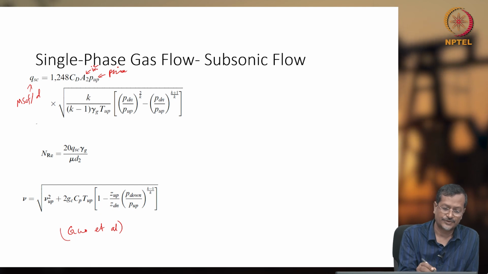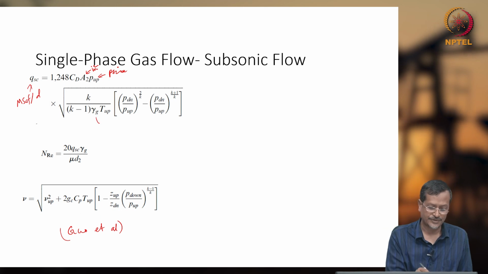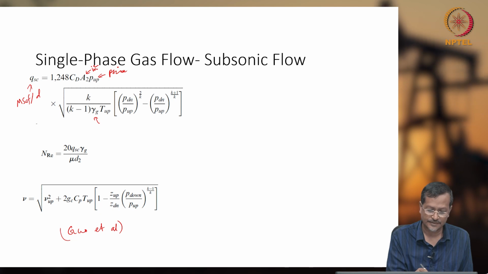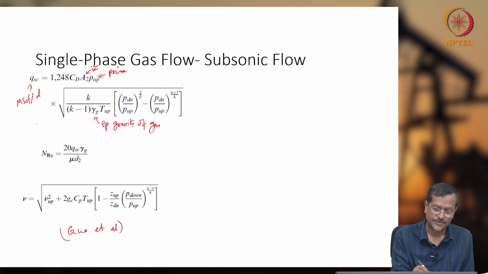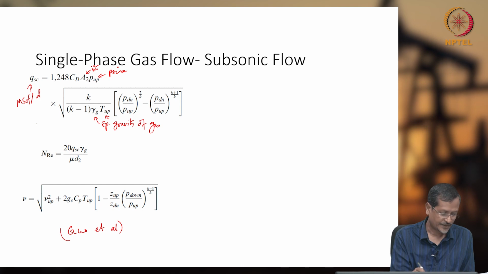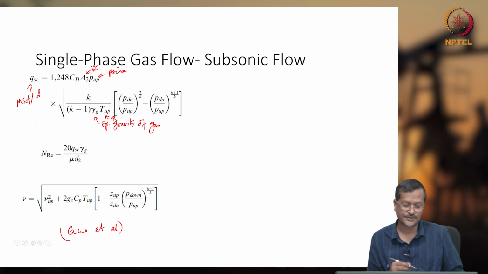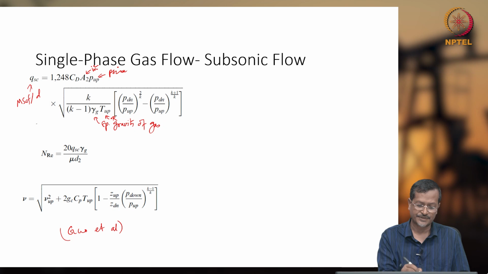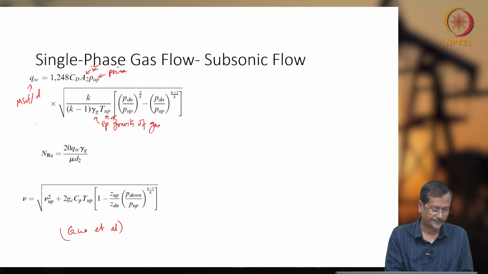K is the specific heat ratio, gamma g is the specific gravity of gas, and T up is the upstream temperature, in degree Rankine. You should remember this is degree Rankine, 460 plus Fahrenheit, and P is the downstream pressure in PSIA, with the upstream pressure in PSIA. K value is already given as 1.28.